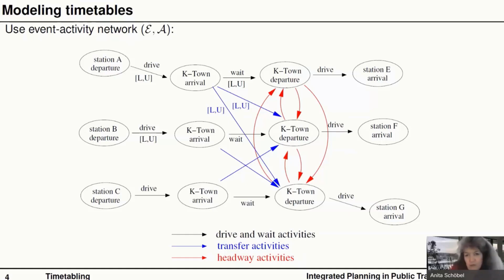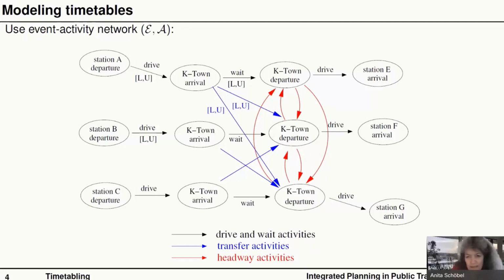A headway activity makes sure that we don't have two departures that are too close to each other. So if you have a piece of track for two trains, then there has to be a security distance. If one train departs, then depending on the signals of a track, it can be shorter or longer. But for example, there could be a security distance of, let's say, 5 minutes or 10 minutes.